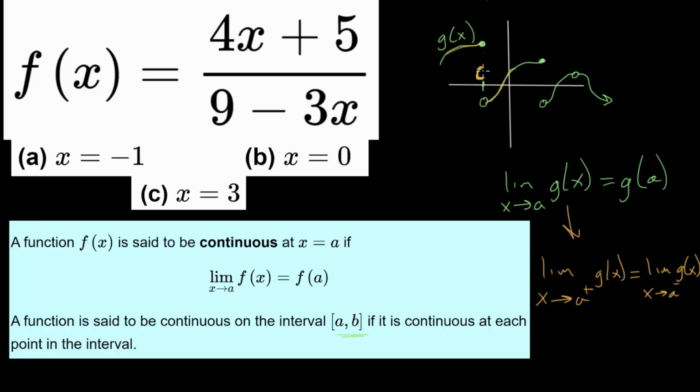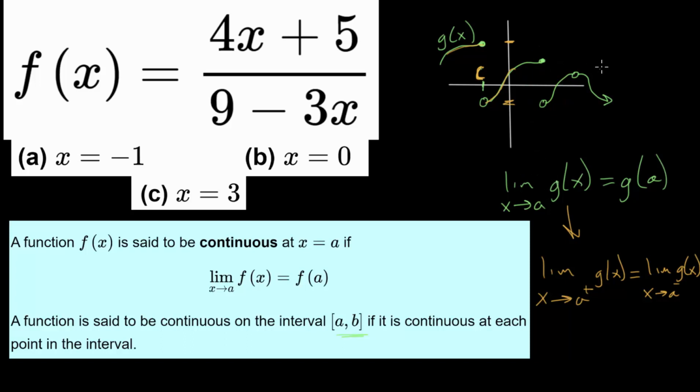And we can see right here that they were approaching very different y values, which is why this limit does not exist there. And it would be the same for this right here. That's the reason why this wouldn't be continuous. The limit from the left-hand side is not equal to the limit as x approaches from the right-hand side.